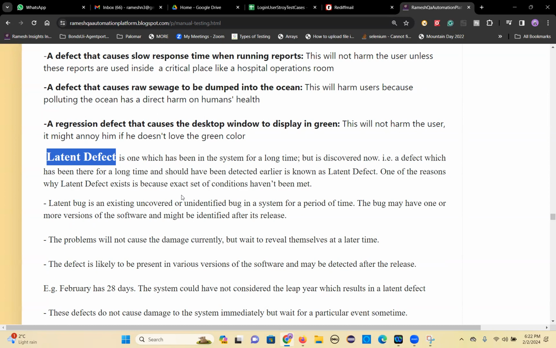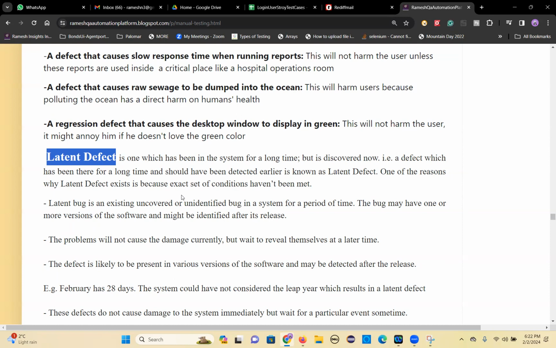Means in the second iteration, second or third sprint, we find that the defect, that kind of defects are called latent defects. Not scrum, scrum is a methodology. You have to say sprint.